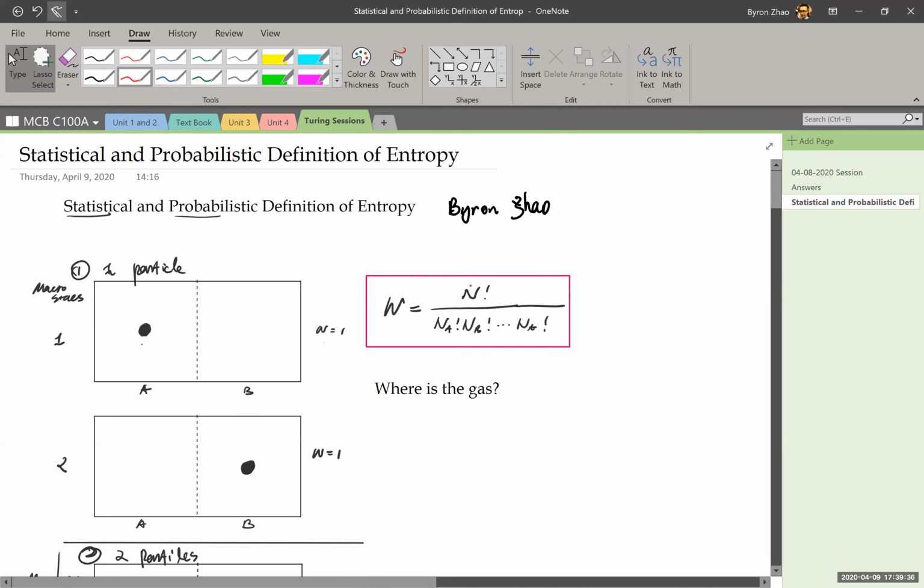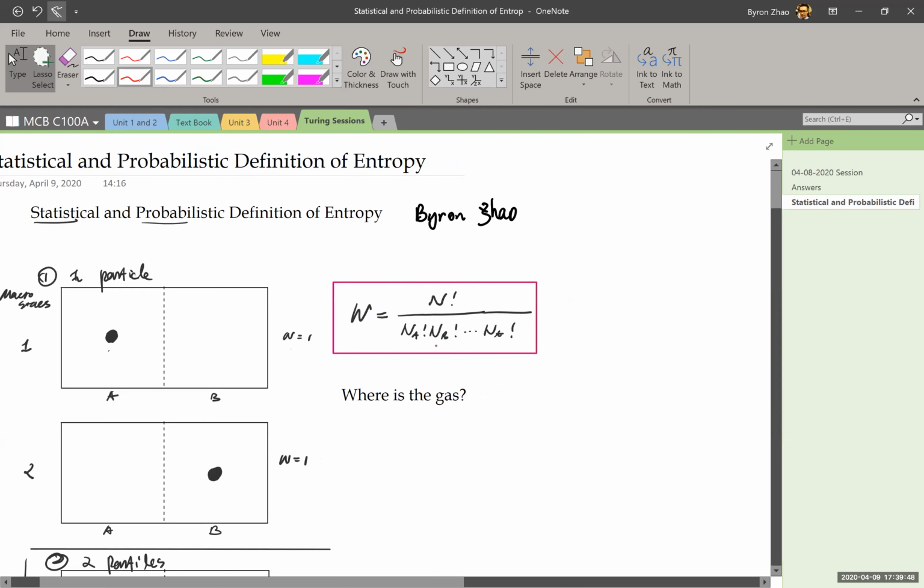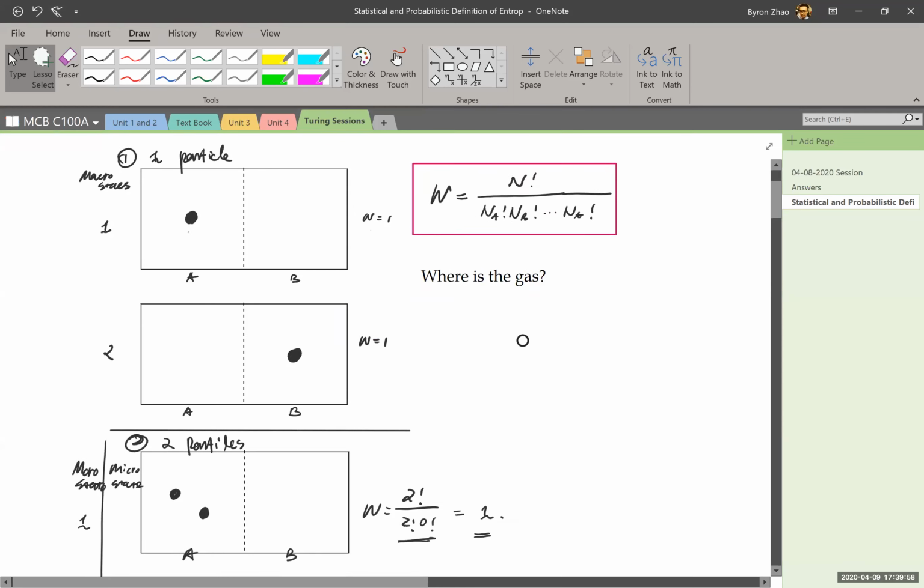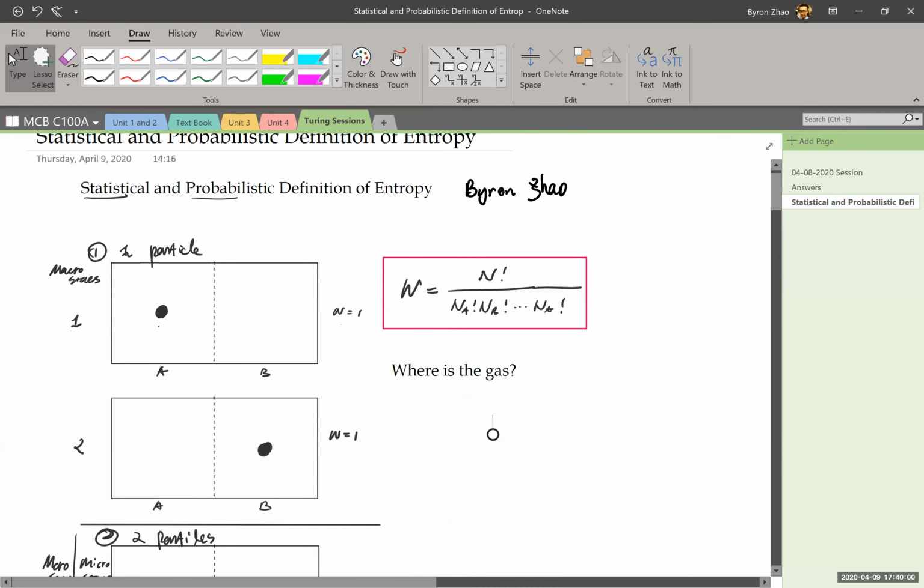So if we have n atoms in total, you'd have n factorial over the number of atoms in state A factorial, number of atoms in state B factorial, and so on and so forth. And this formula basically gives you how many ways you can achieve a macro state.